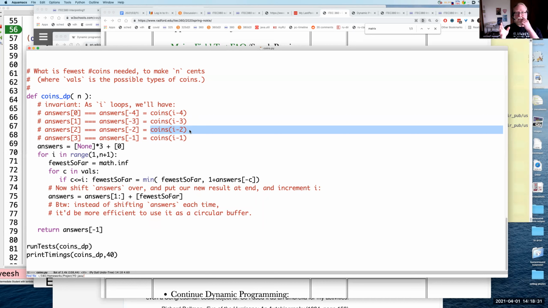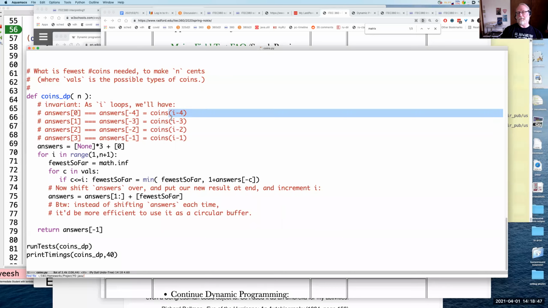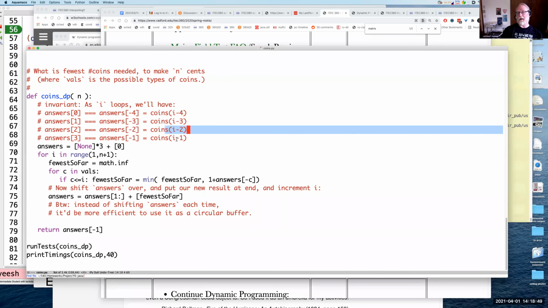When I'm computing coins of 57, I don't really care about coins of 55. But in a moment, when I get to coins of 58, I will care about coins of 55. So that's why I'm going to keep track of all 4 of these values. When i is 57, I'm going to have an array that has coins of 53, 54, 55, and 56, and that will let me compute coins of 57.